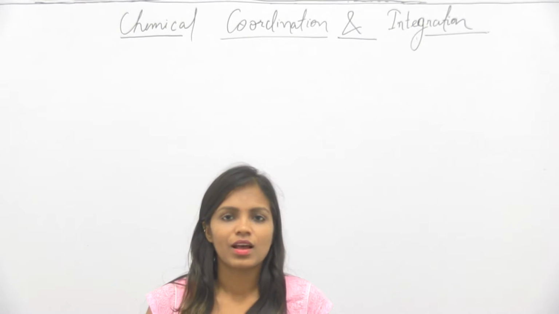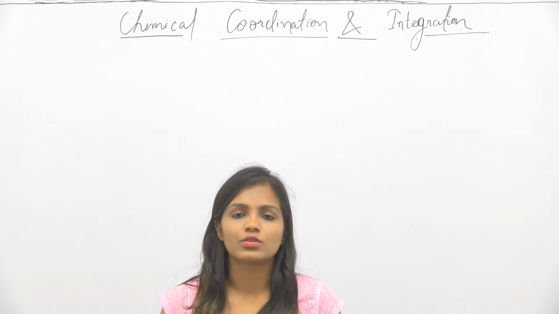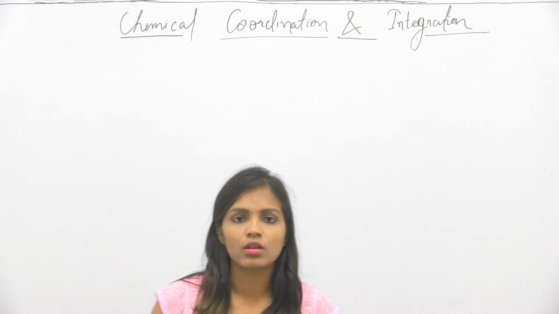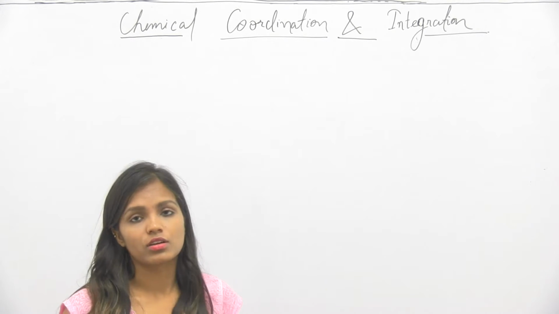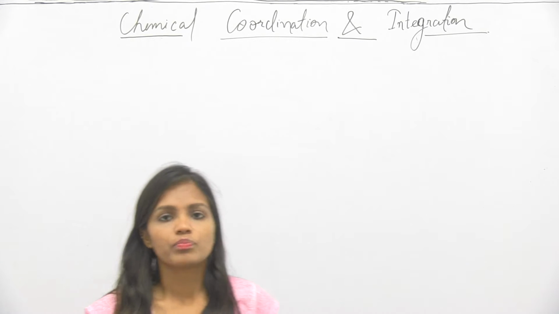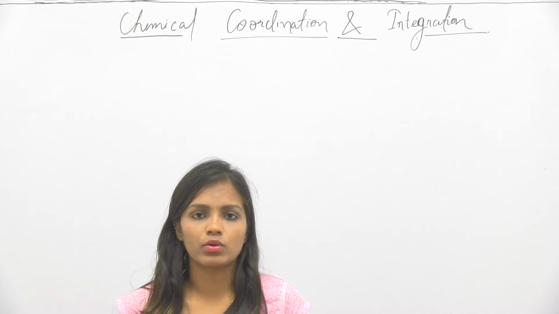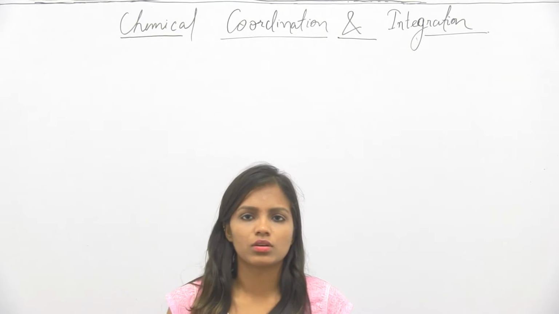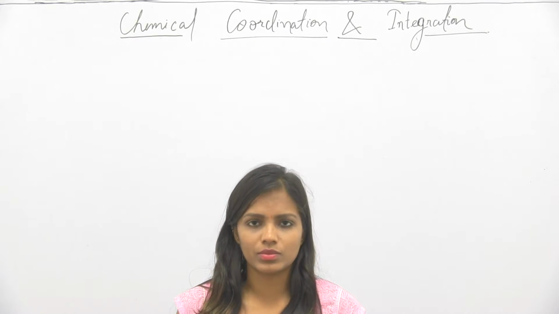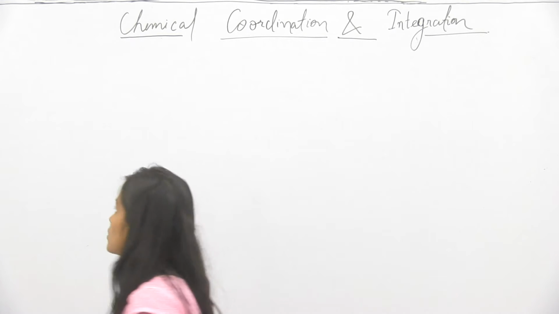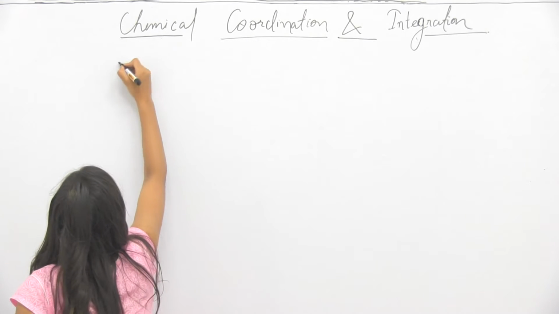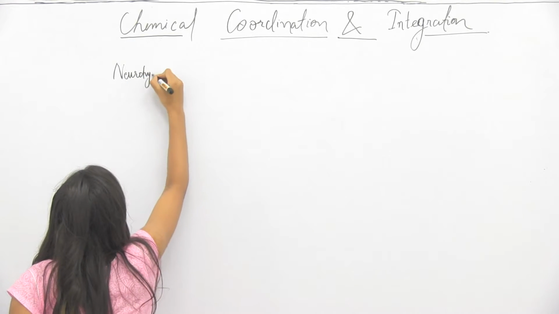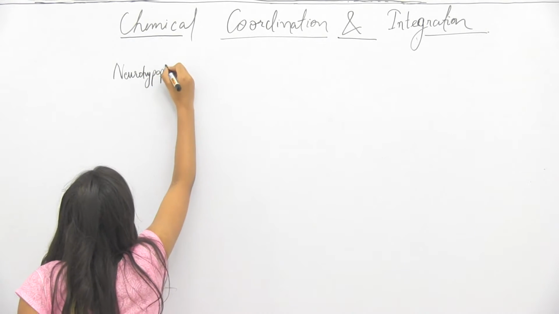Hello, my name is Vidhi Chaudhary, and today I'll be teaching you chapter 22, which is chemical coordination and integration. So previously I have discussed the divisions in the hypothalamus, and now I'll be discussing the neurohypophysis.